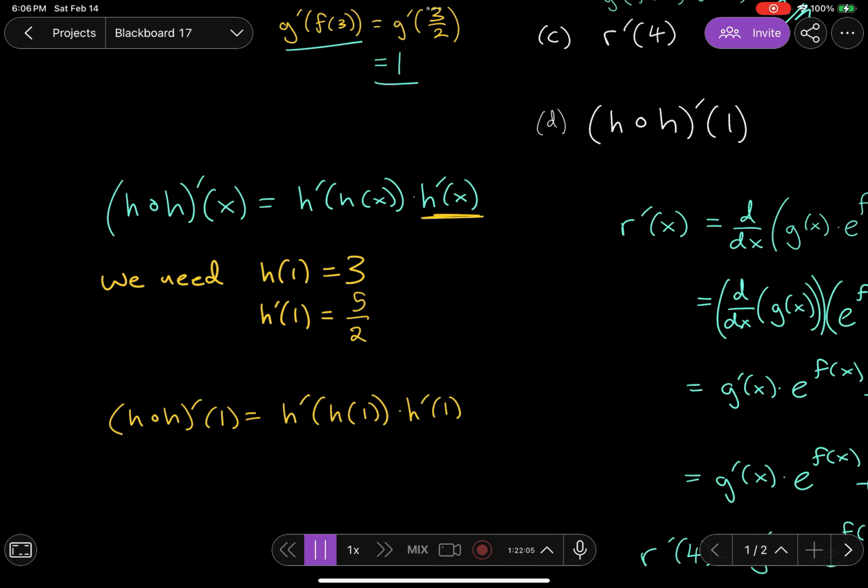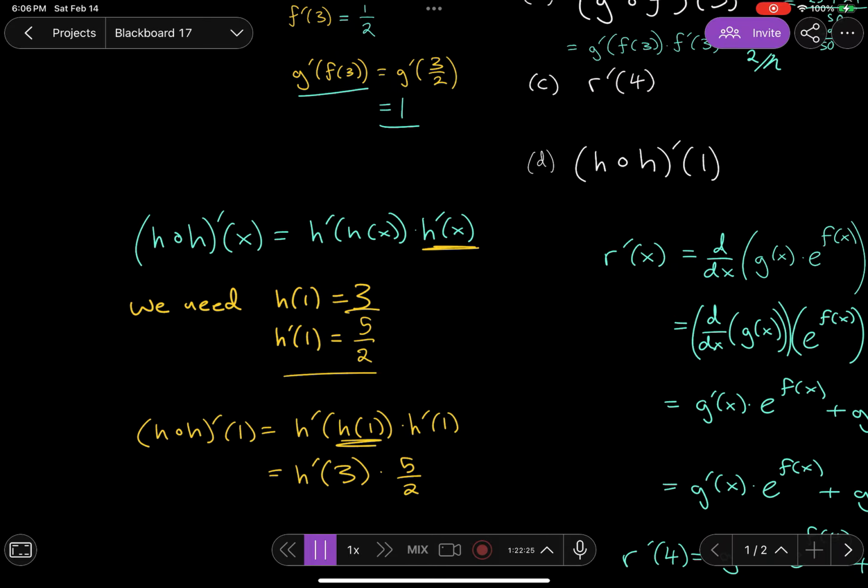I know a few of these. H prime of h of 1 is going to be h prime of 3. Again, that's because h of 1 is equal to 3. Times h prime of 1, which is equal to 5/2. So what I need is to figure out what h prime of 3 is.